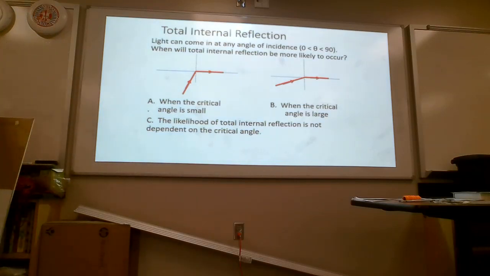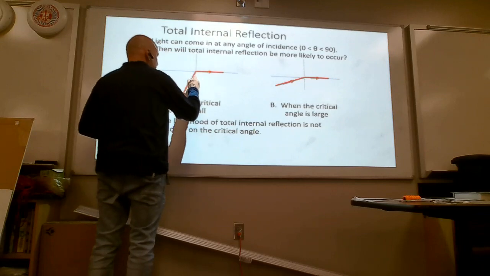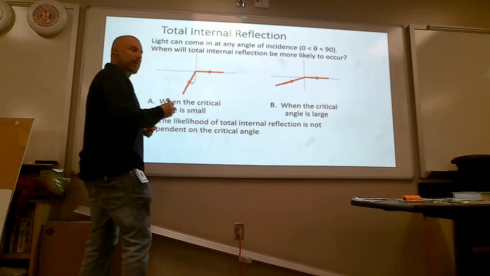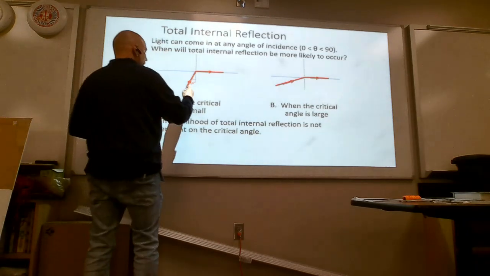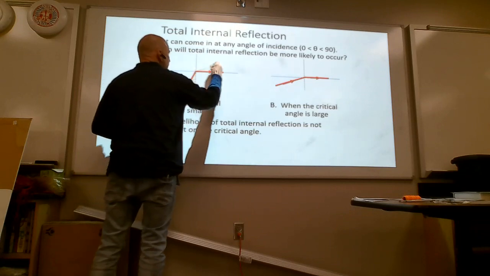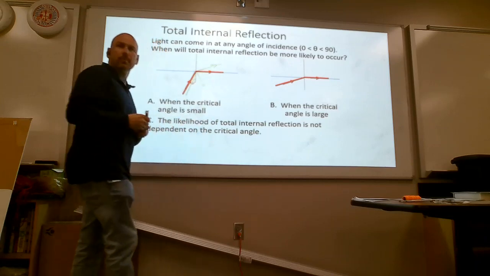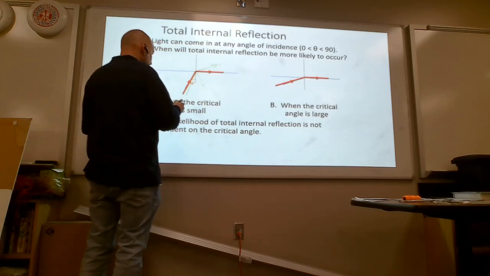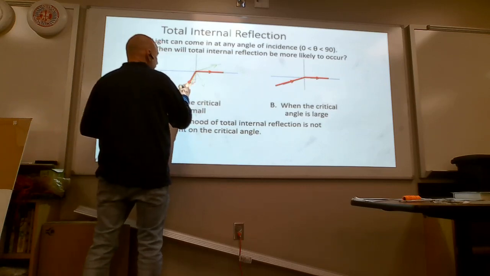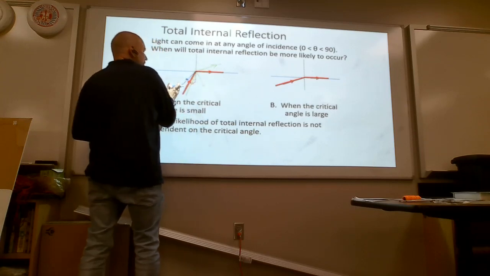All right. Here's what I was trying to lead you to with the last question. Let's say this is 30 degrees. If I come in at 20 degrees, some of it gets out. Some of it's reflected back in. If I come in at 40 degrees, that exceeds the critical angle.